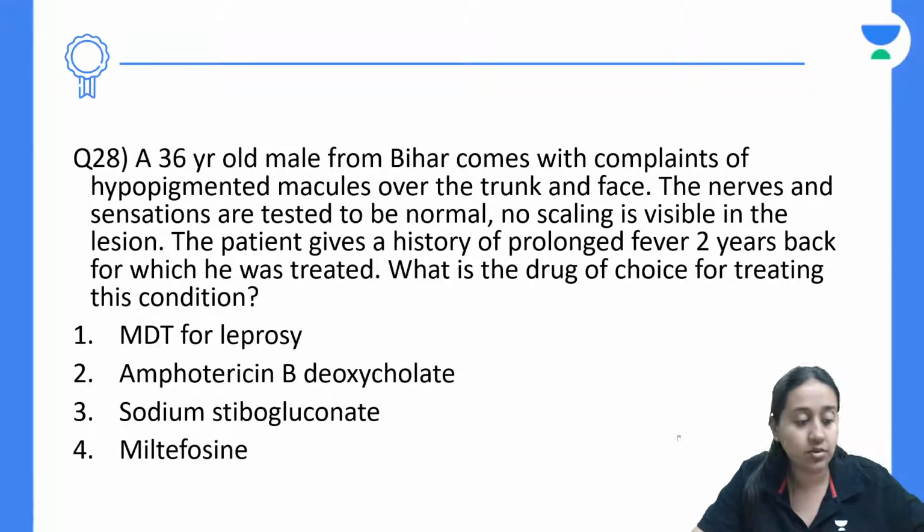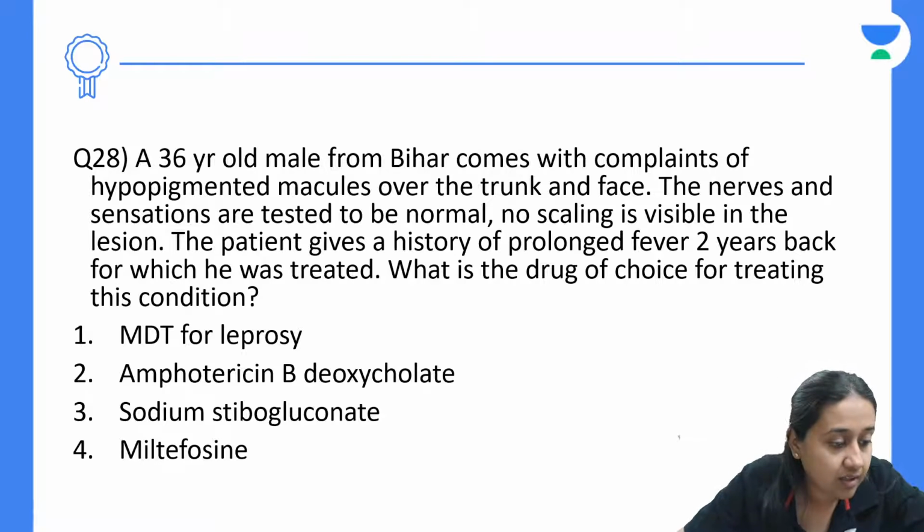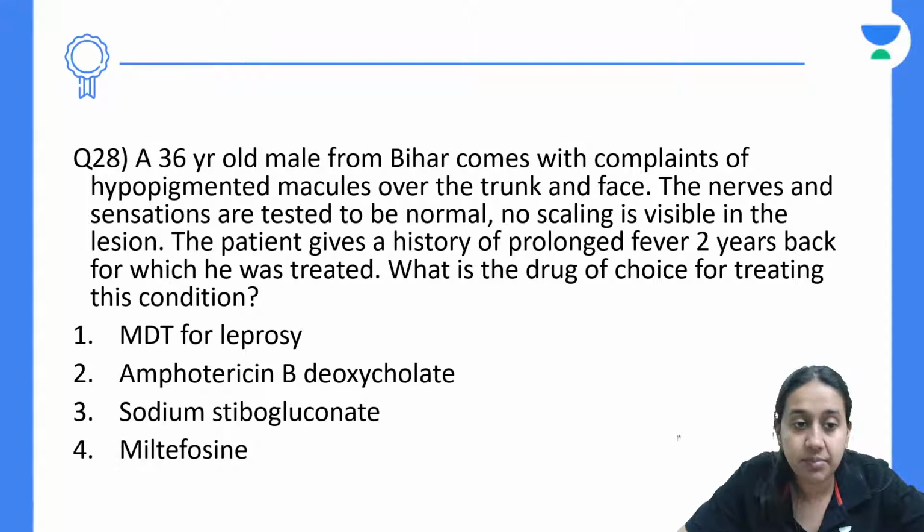The next question is on your computer screen. Please tell me the correct answer. A 35-year-old male from Bihar comes with complaints of hypopigmented macule over the trunk and face.